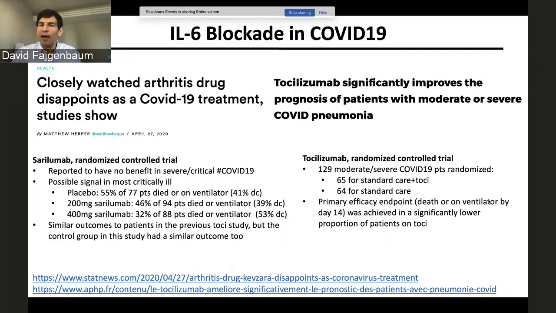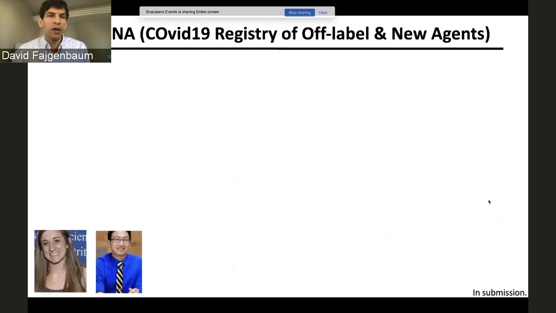So obviously we're all going to be eager to see these results in peer-reviewed journals, but for now this is an interesting and kind of hard to piece together result, potentially different mechanisms of action that we're not aware of.